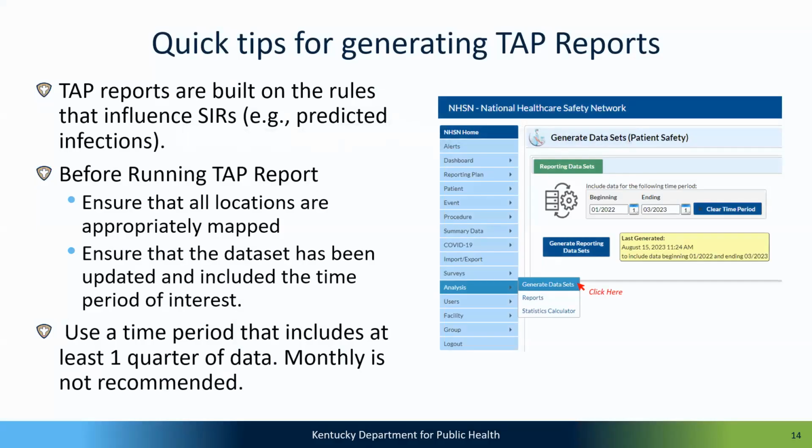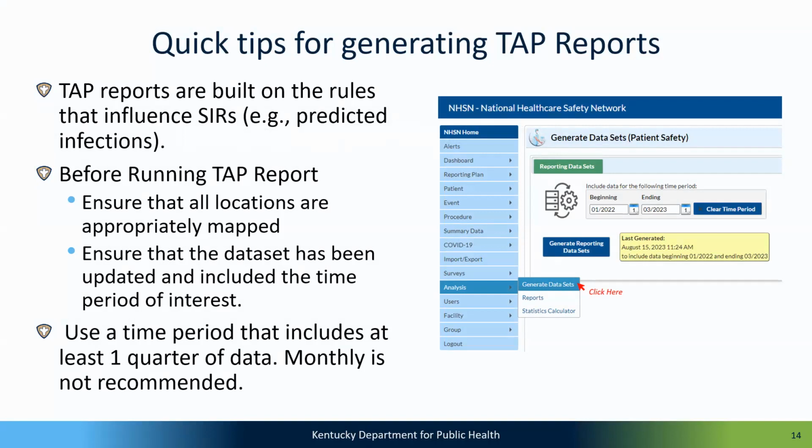All right, so just to begin with some quick tips for generating TAP reports. As we know, TAP reports are built on rules that influence the SIR, specifically the predicted number of infections. Before we run any TAP report, we want to ensure first off that all locations are appropriately mapped, as well as that the data set has been updated and includes the time period of interest.